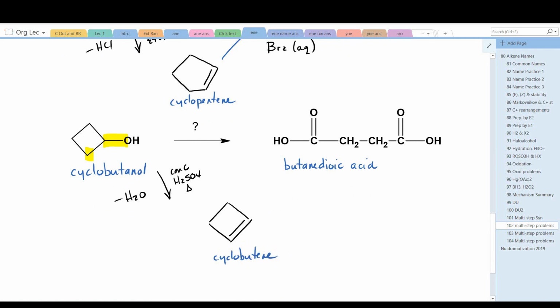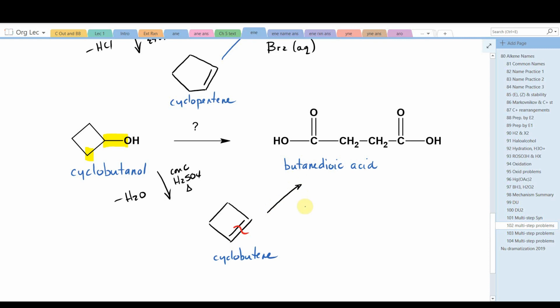Now when you're doing multi-step reactions, it's helpful to note how many carbons you start with and how many carbons you finish with. In this case, we're starting with 4 carbons and we're ending with 4 carbons. So we haven't gained or lost any carbons. What's happening in this reaction, the sigma and pi bond are broken so that the ring opens up and we're gaining oxygen. So clearly this is an oxidation.